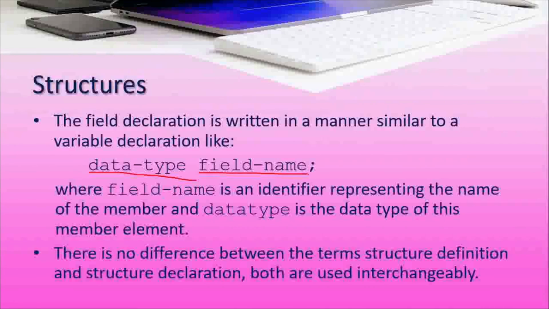This is the same as how we declare our normal scalar type variables in C. Here field name is an identifier and data type is the type of data that is being stored inside the field. There is no difference between the terms structure definition and structure declaration. Both are used interchangeably.